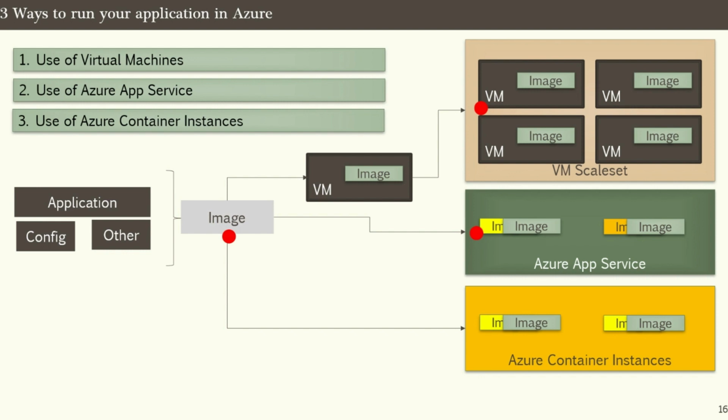The last one, Azure Container Instances. Build your application using Docker, keep the image ready, and put the image in the Docker container or runtime, and that will make the application ready for use. You can access such an application using an IP address or fully qualified domain name. And these are the three ways using which you can run your application.